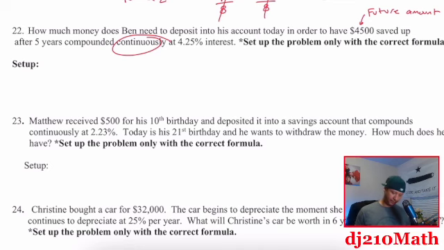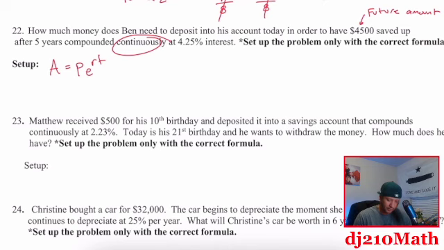Continuously. So this is going to be, if I remember correctly, how do we teach it? A pert. A is some future amount. P is some present amount, or the principal amount, times E, that is a calculator function, to the RT. A pert. Rate and then time.